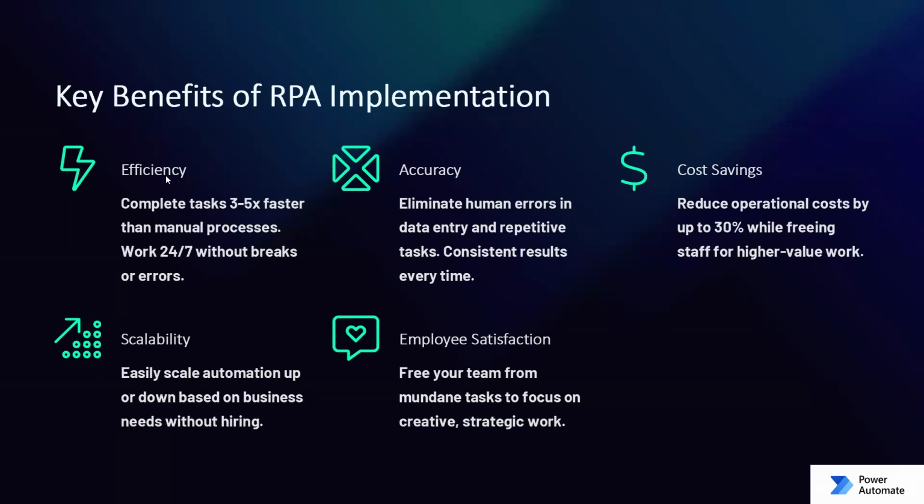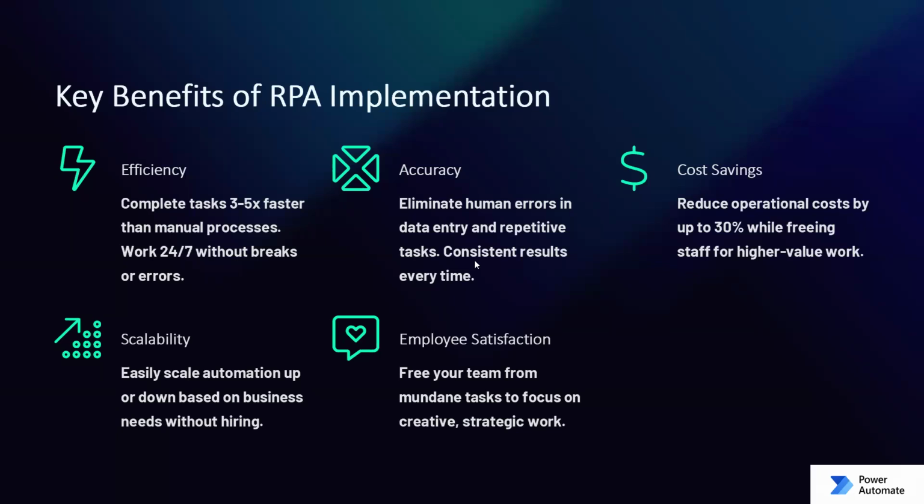So, if we talk about efficiency, whenever we implement any RPA solution, we get the task completed 3 to 5 times faster than the manual processes. And generally, the human job, like we generally do a 9 to 6 job, maybe 9 hours or 8 hours. But a bot can run 24/7 without any breaks or any errors. So that's really efficient.